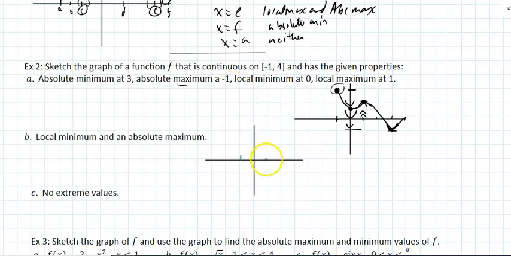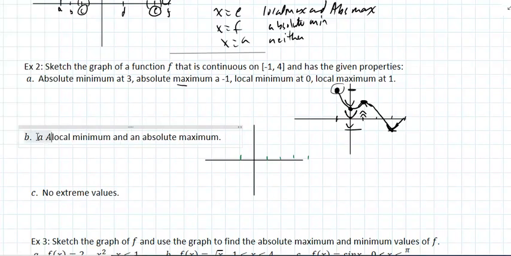Another one from -1 to 4. We have a local minimum and an absolute maximum. It doesn't say where, anywhere.